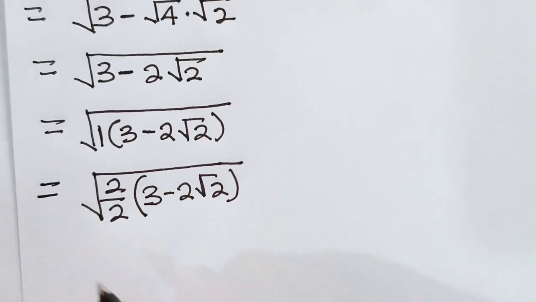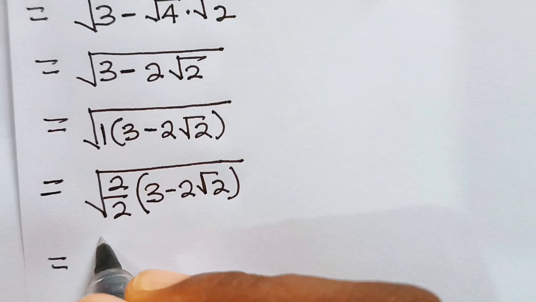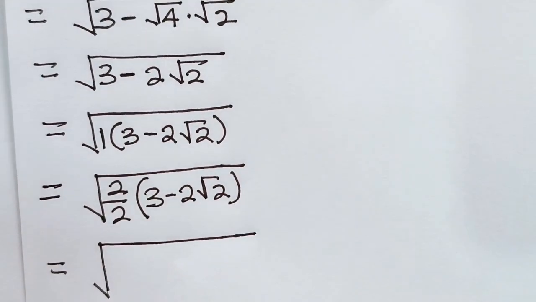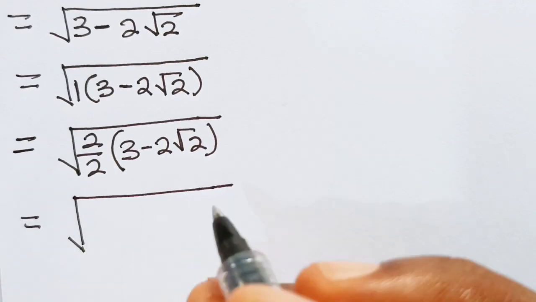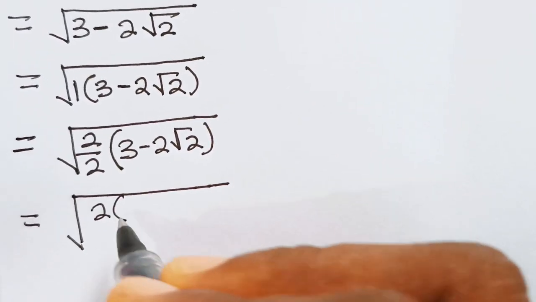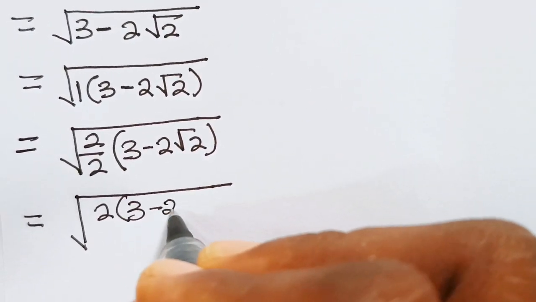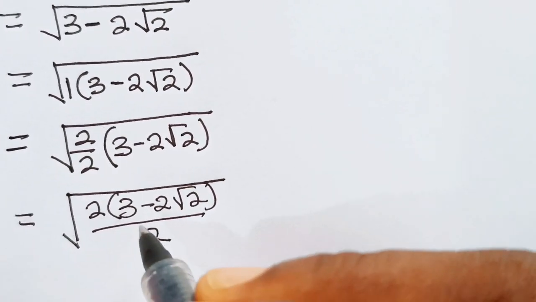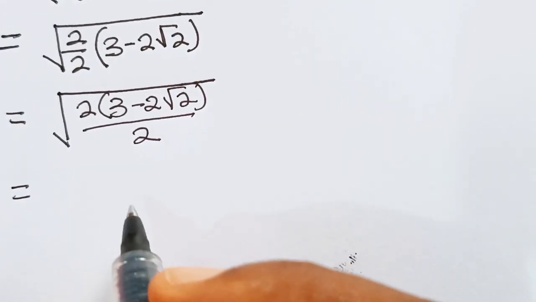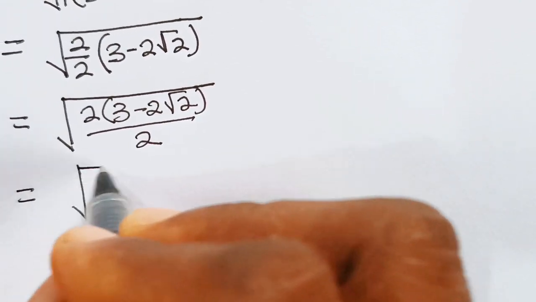Okay? Now, we can write this as the square root of 2 bracket 3 minus 2 root 2 divided by 2. Now, let us open the bracket.